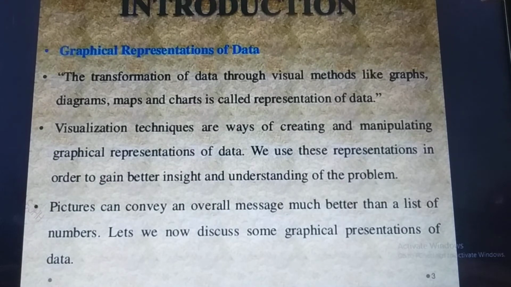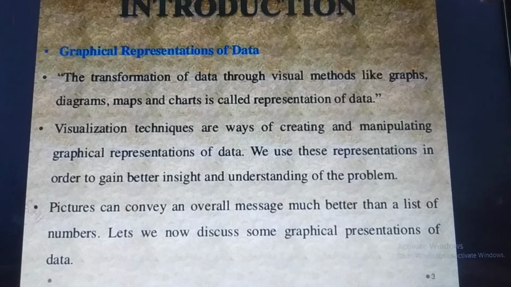Introduction. Graphical representation of data. The transformation of data through visual methods like graphs, diagrams, maps, and charts is called representation of data. Visualization techniques are ways of creating and manipulating graphical representation of data.